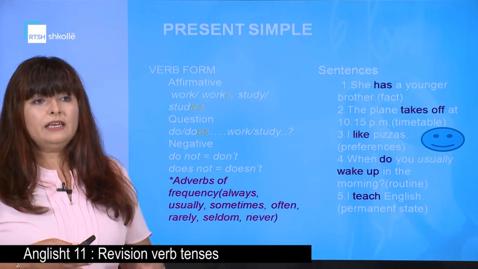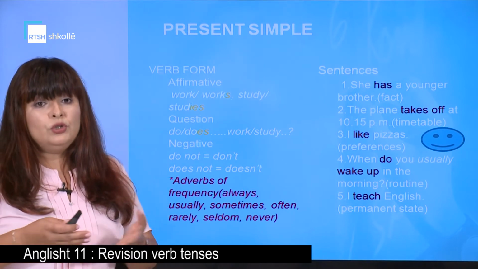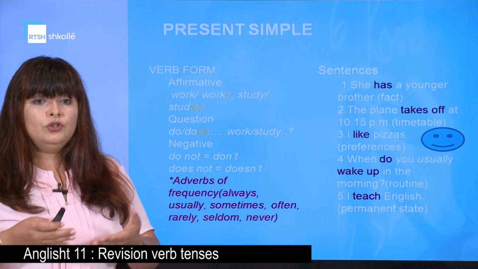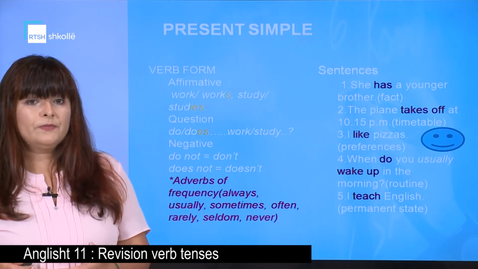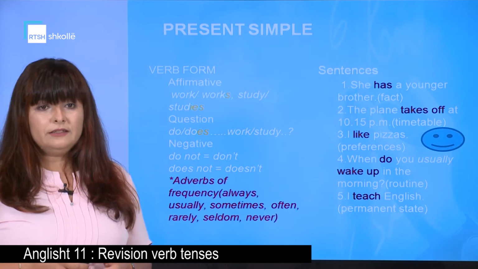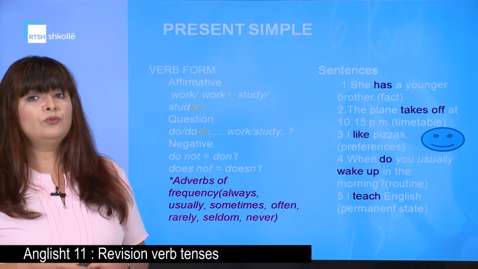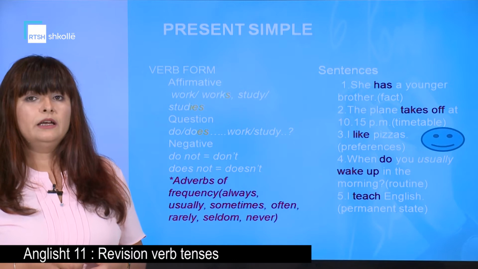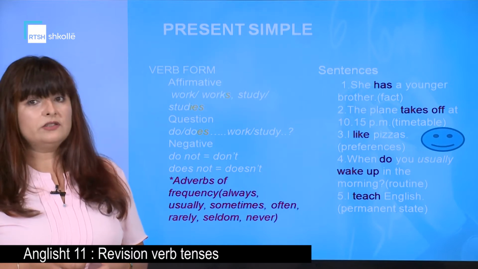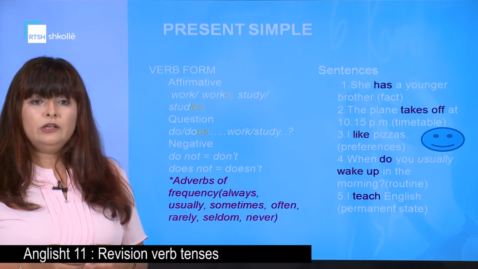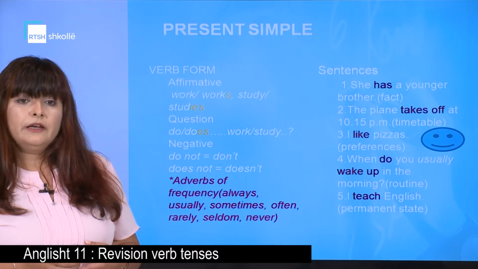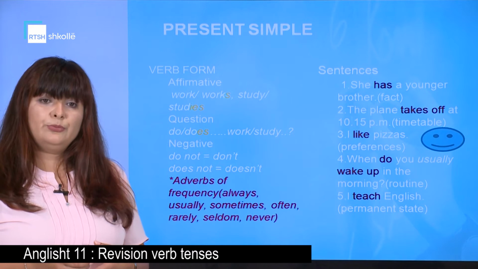Okay, let's take a question. Where do you live? So, do you live? Do I live? And the negative is formed using do not, the auxiliary verb and the negative form. I don't live, and does not for the third person singular.